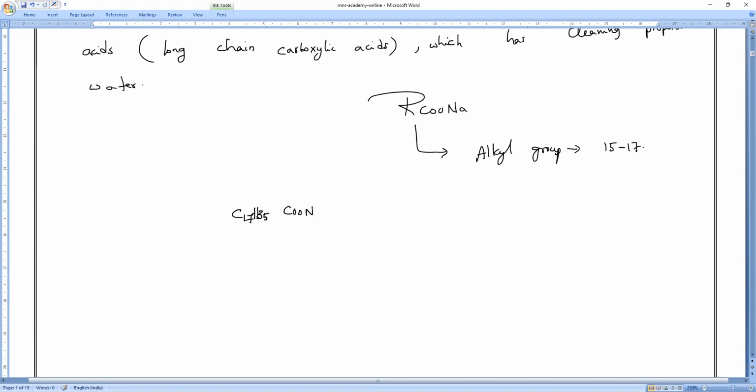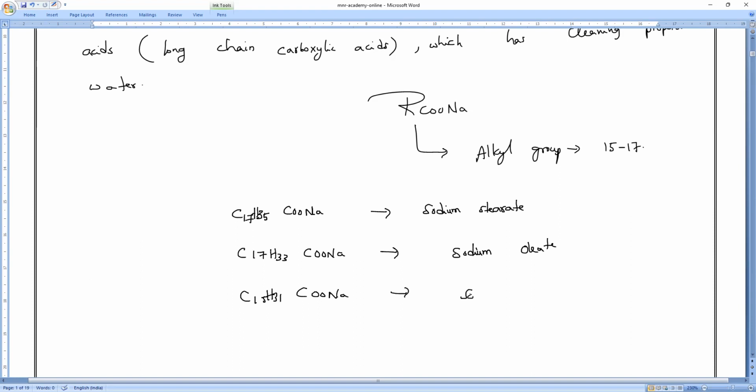C17H35COONa. This is called sodium stearate. Next, C17H33COONa, which is actually sodium oleate, and C15H31COONa.